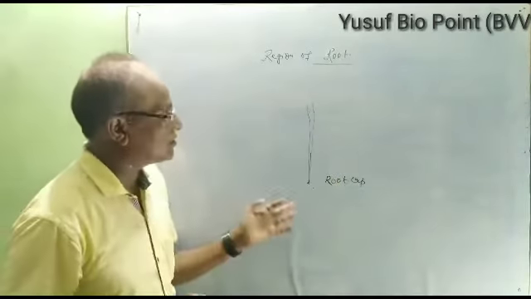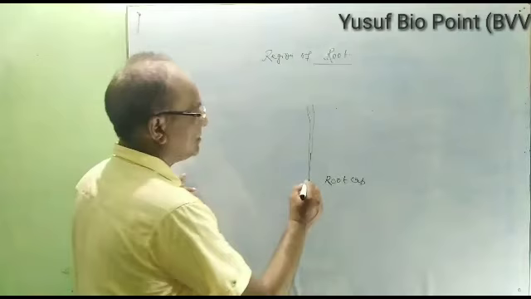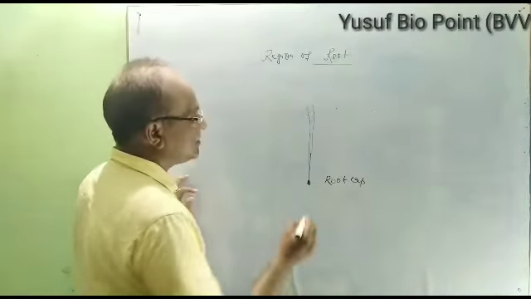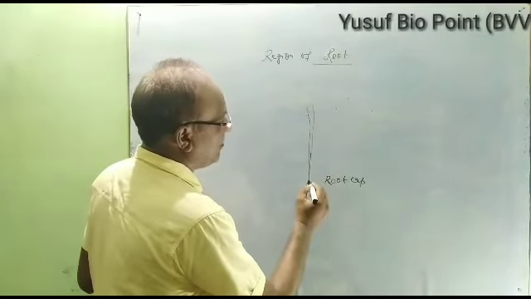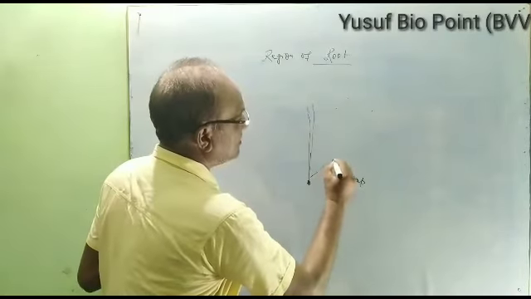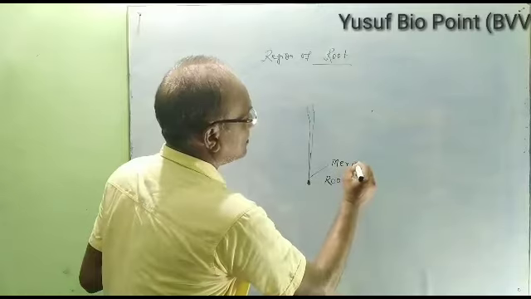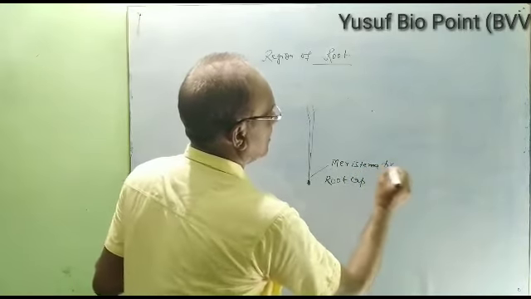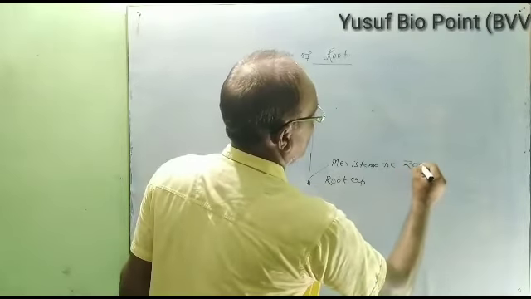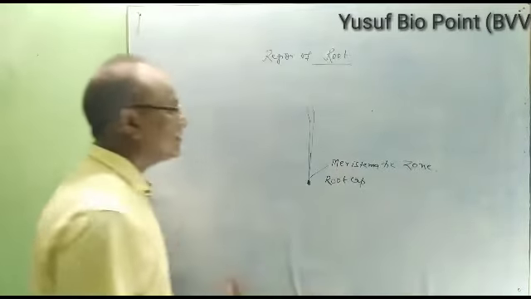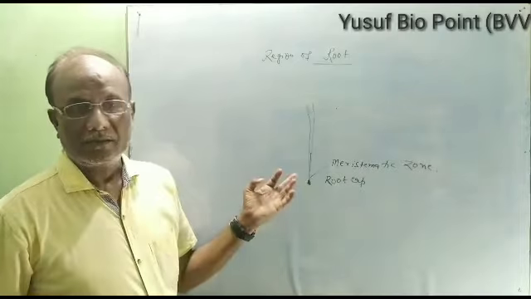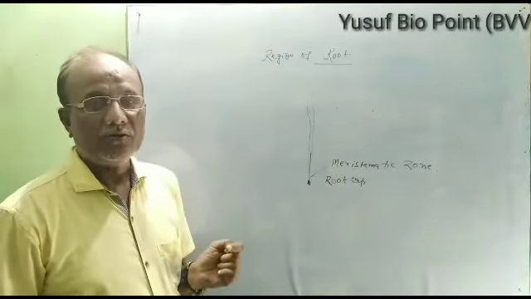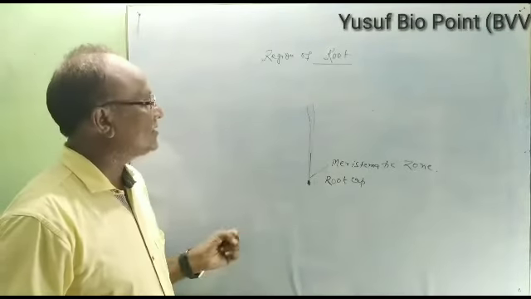The end part is called the root cap, and just a few millimeters above the root cap is the meristematic zone, in which the cells are densely cytoplasmic and have the ability to grow and divide.